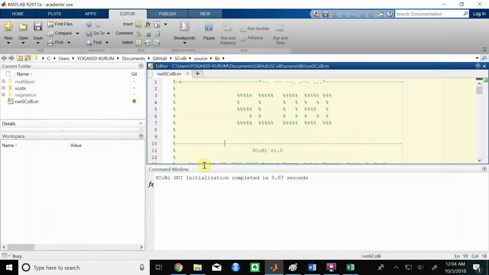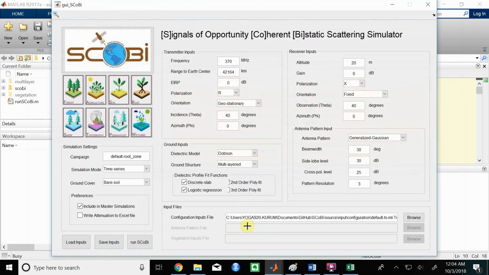selecting the root zone, and again, name the campaign something to the effect that you want. This is a time series, bare soil. Select these values to your liking. 370 megahertz antenna to make it P-band. Range to Earth is good.